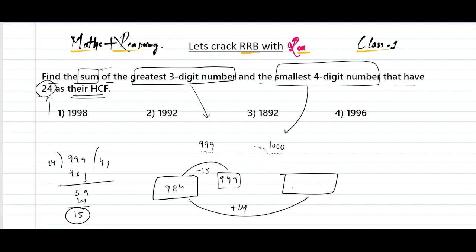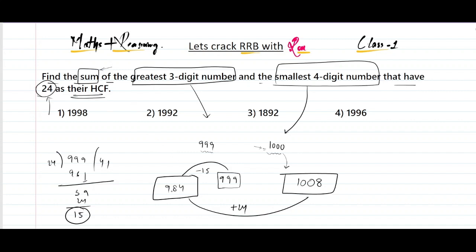See, 4 plus 4 is 8, 8 plus 2 is 10, and 1 carry forward, 1008, which is more than 1000, and it is the smallest 4-digit number which is exactly divisible by 24, and that 24 is the HCF of that number only, right? See, if you did not understand, please go back for 30 seconds and listen very carefully.